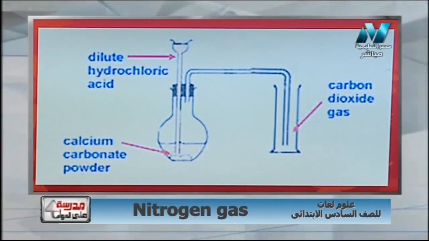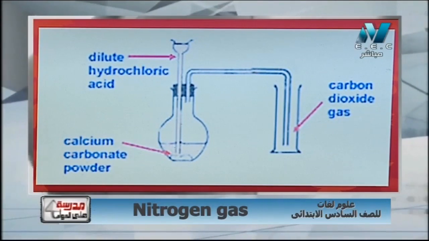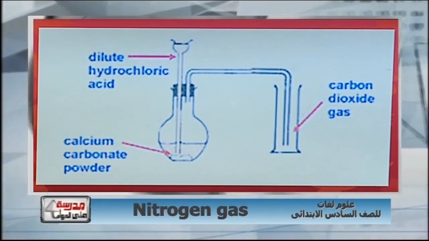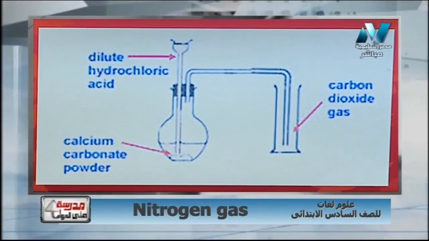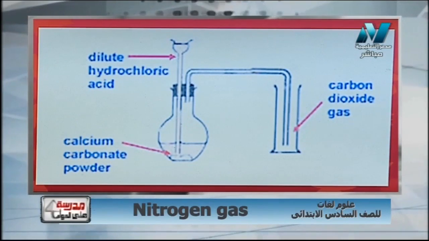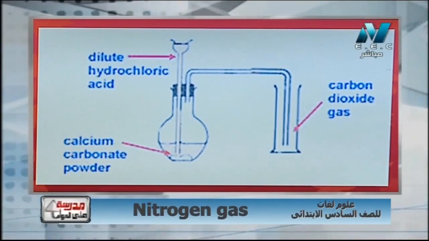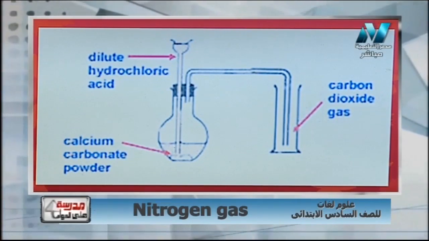It does the opposite of water, or the opposite of oxygen. It makes an upward displacement of air. Again, we can prepare carbon dioxide gas by adding hydrochloric acid to calcium carbonate powder, and collect it by upward displacement of air, not of water.